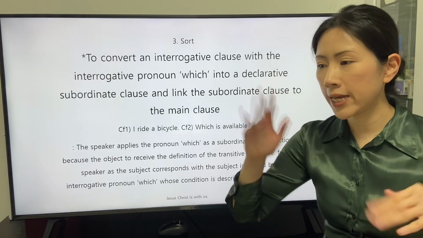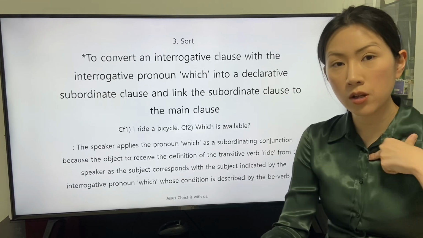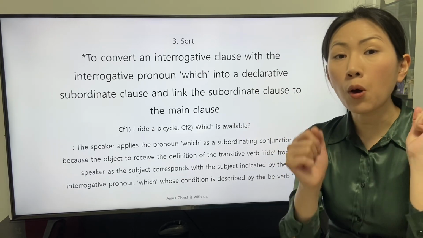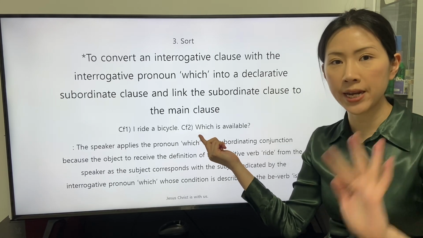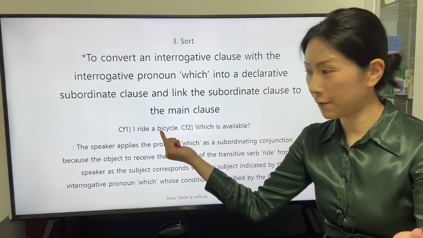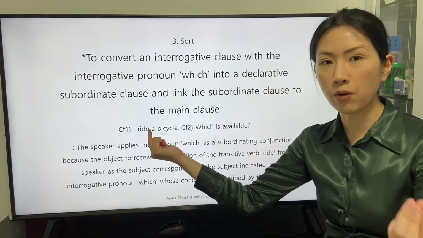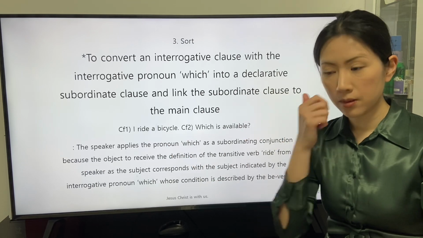The speaker links the subordinate clause to the main clause because the speaker figures out the correspondence between the subject indicated by the interrogative pronoun which and the object of the transitive verb write in the first declarative clause.